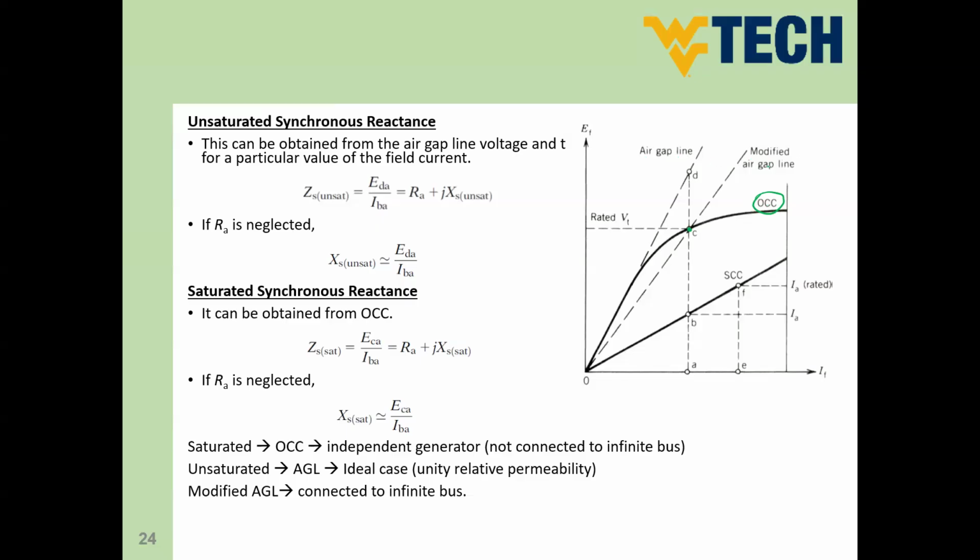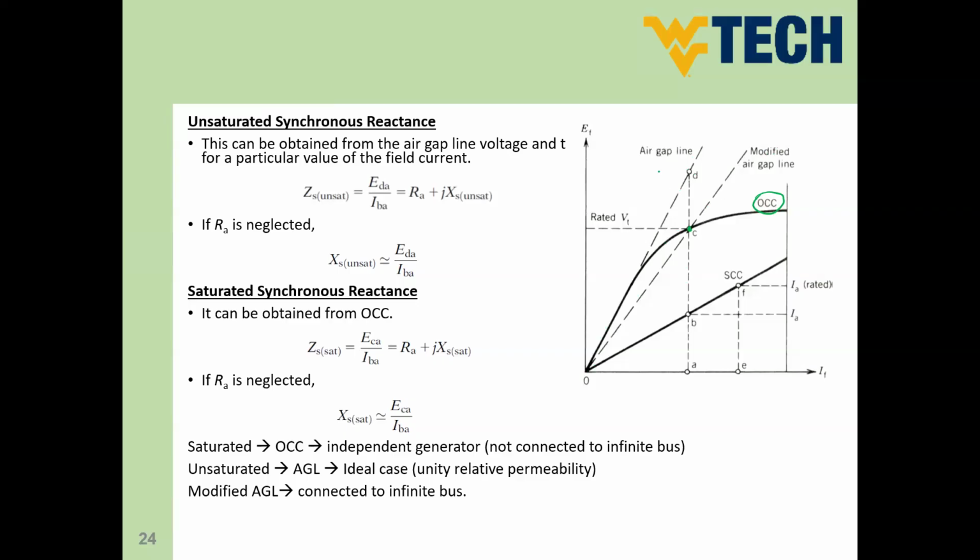The modified air gap line is nothing but the linear line moving from the origin at 0 and passing through the rated voltage value of the open circuit characteristic. So this is called the modified air gap line. What is the air gap line? The air gap line is the tangent to the open circuit characteristic.